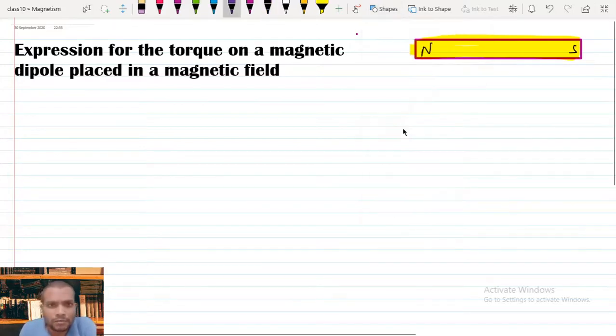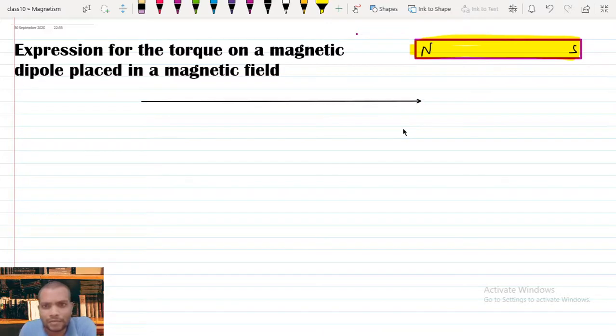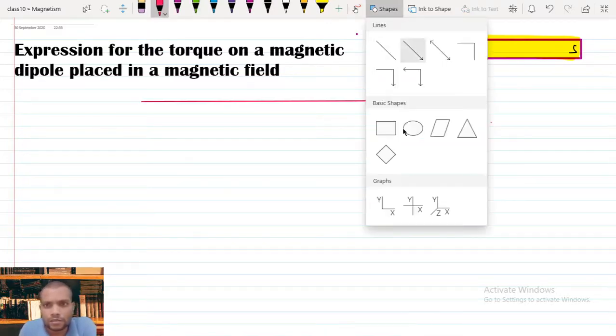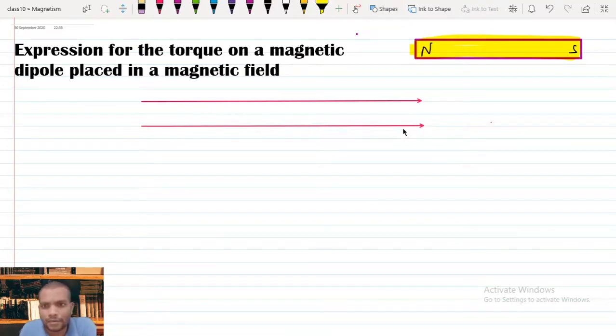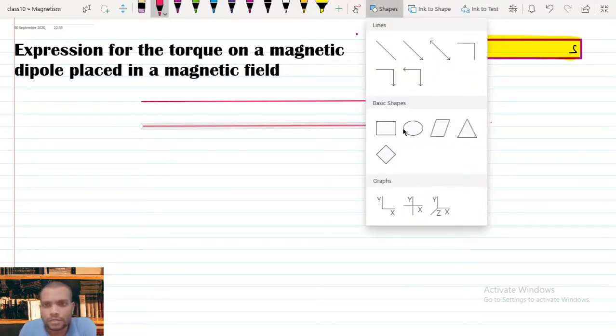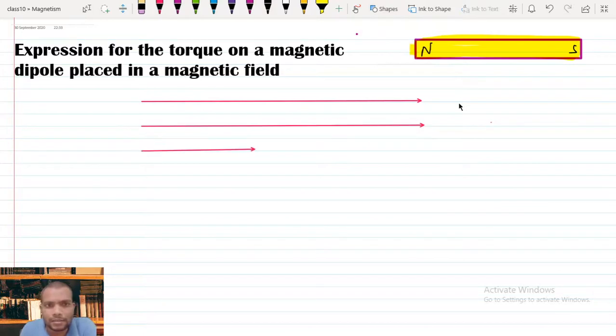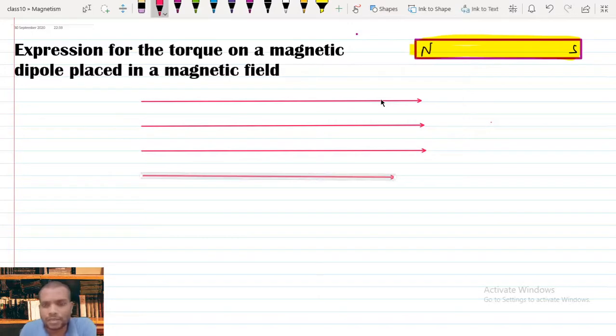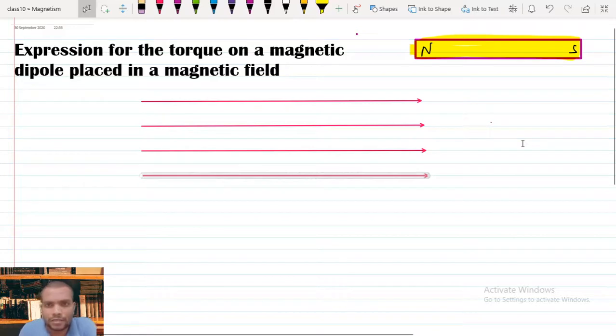So let me draw a quick uniform magnetic field. This is a uniform magnetic field, with equally spaced lines, so that a uniform magnetic field is present on the screen.